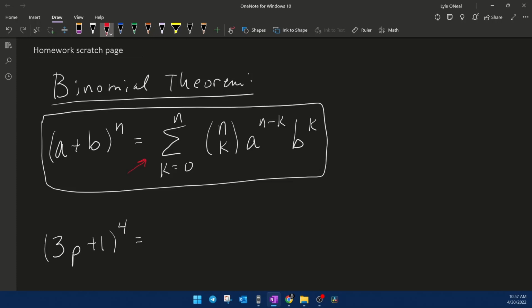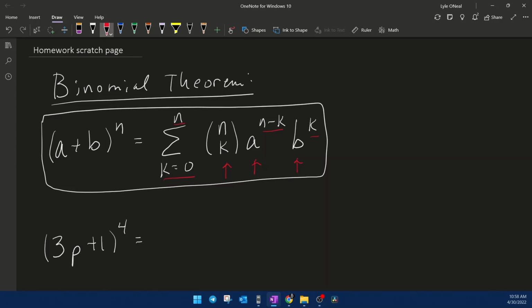The summation notation will give you all of the terms if you were to multiply it out. So it says we're going to do the sum, k starting at 0 going to n, of n choose k, a to the n minus k times b to the k.